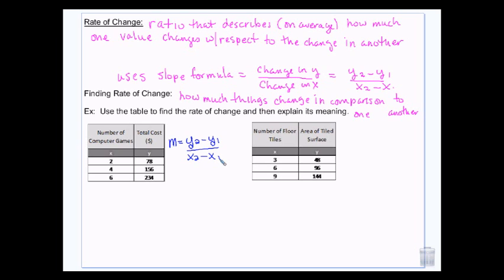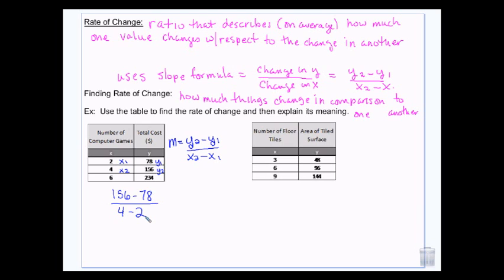Okay, so we'll call this x1 and x2, and we'll call this y1 and y2. And like I said, I could use any 2 points. Yeah, because it should be a constant rate of change. So y2 minus y1 over x2 minus x1.